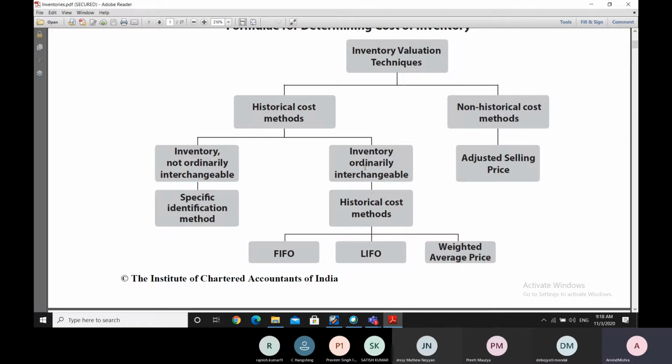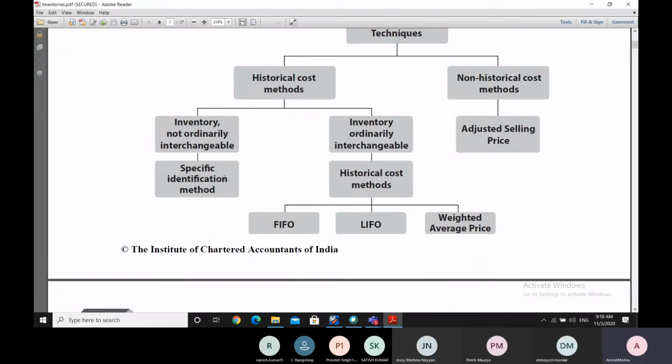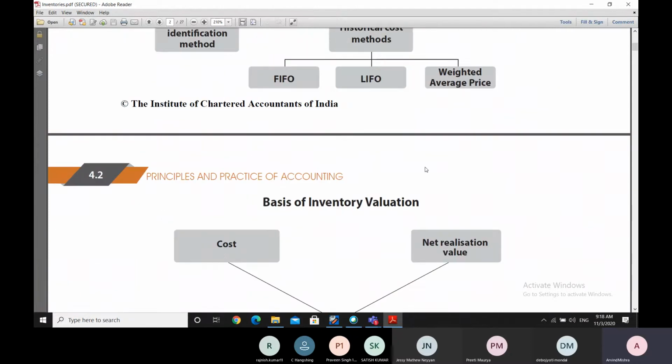For the inventory which is not interchangeable, where every item is a specific item, the specific identification method of valuation will be used. And for those inventories which are uniform in nature, we have the historical cost methods of FIFO, LIFO, and weighted average price. We'll understand this as we go forward.